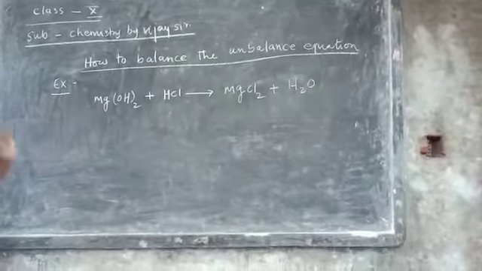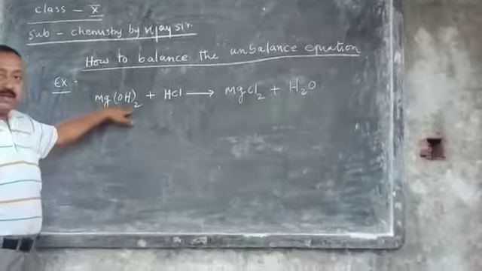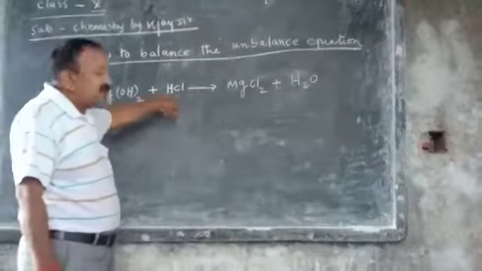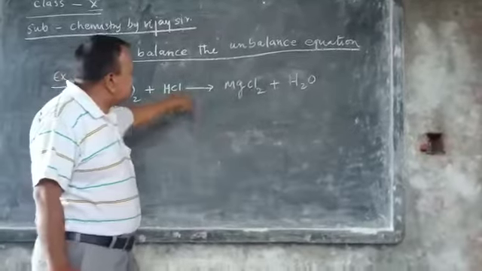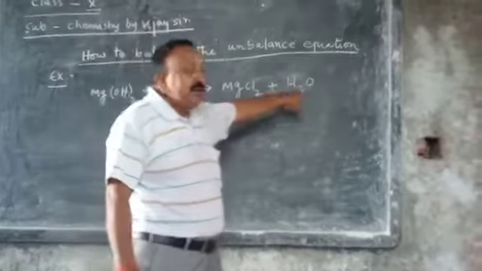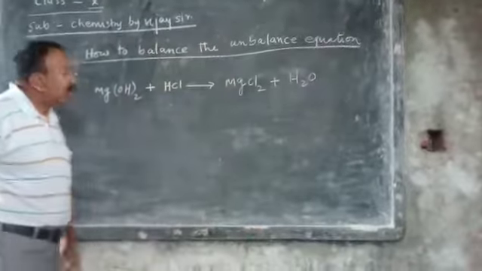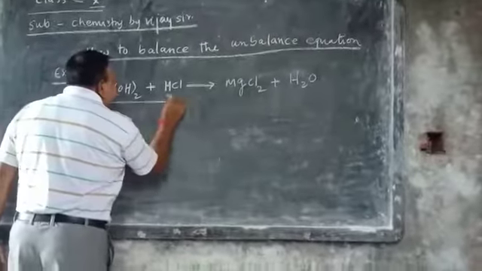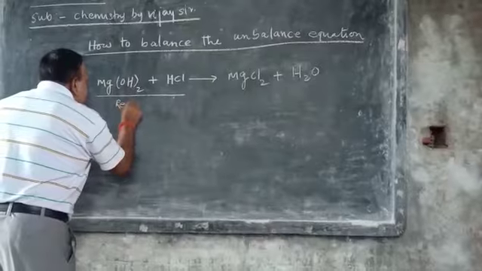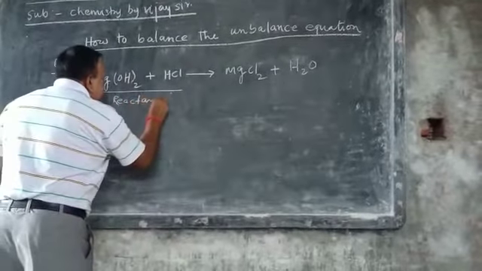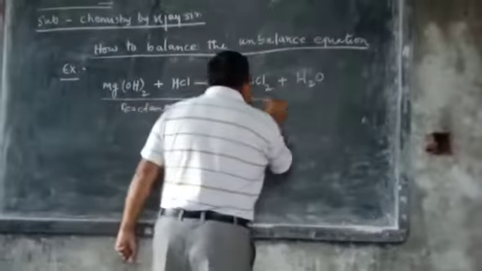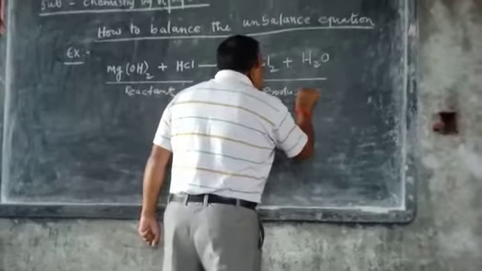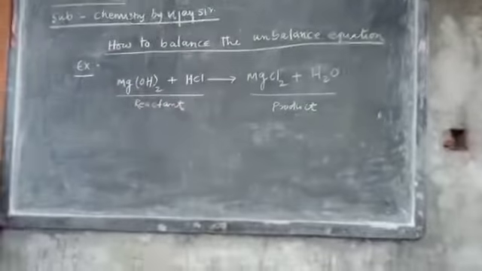Look at this equation. Magnesium hydroxide reacts with hydrochloric acid and gives magnesium chloride and water. Everyone knows this side is called the reactant and this side is called the product. Simple.